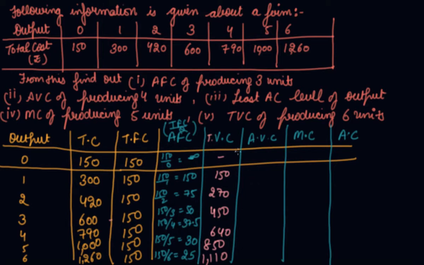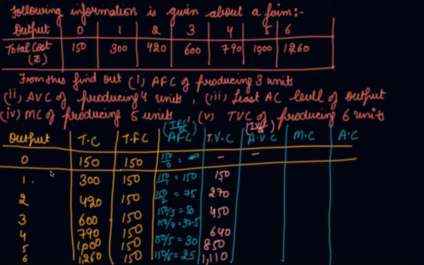Now average variable cost. How can you find out your average variable cost? The formula is your total variable cost divided by your quantity. Here you will get nothing. Then you will get 150. Your total variable cost is this line and your output is this.